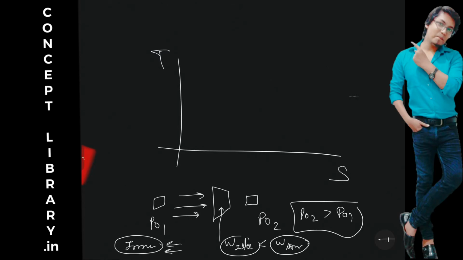Now the question comes, what happens if irreversibility is there? See, this line represents P01 pressure, which is at the inlet of the compressor, and this line represents P02 pressure, which is at the outlet.